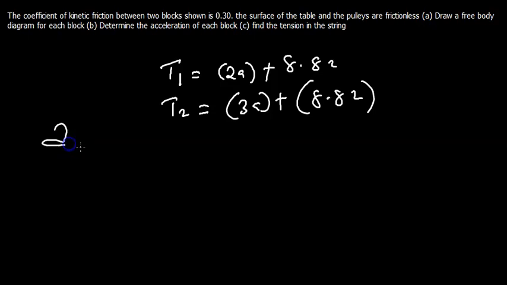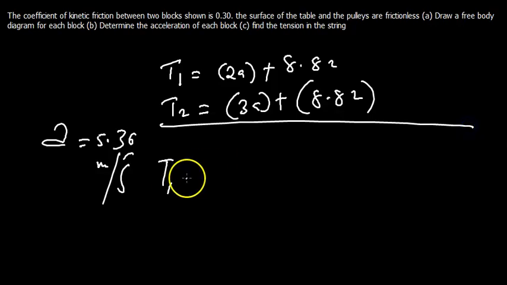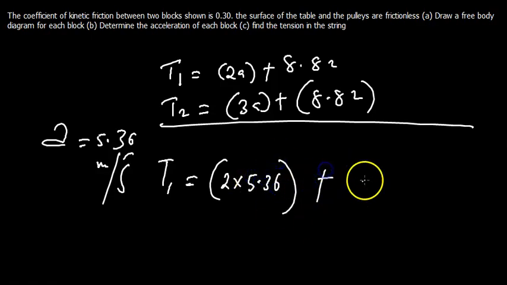So now that we have gotten our acceleration to be 5.36 in meters per second squared, we can simply substitute it by saying T1 is simply going to be 2 multiplied by 5.36, plus 8.82. And your final answer for this part is simply going to be 19.5 in newtons.